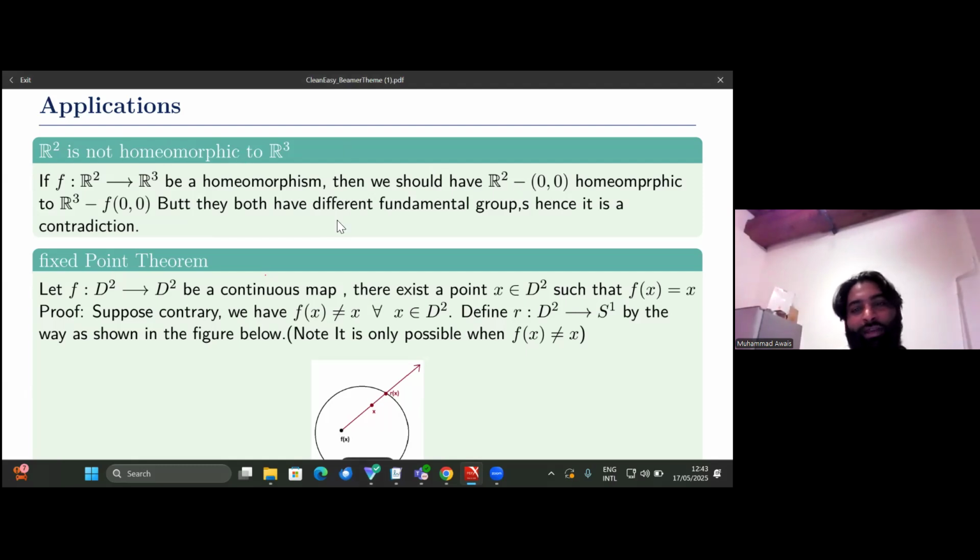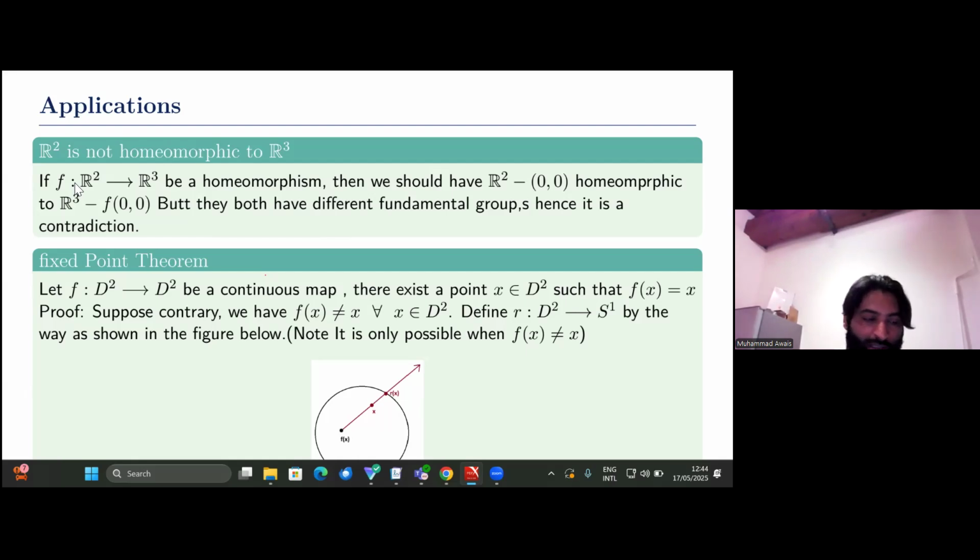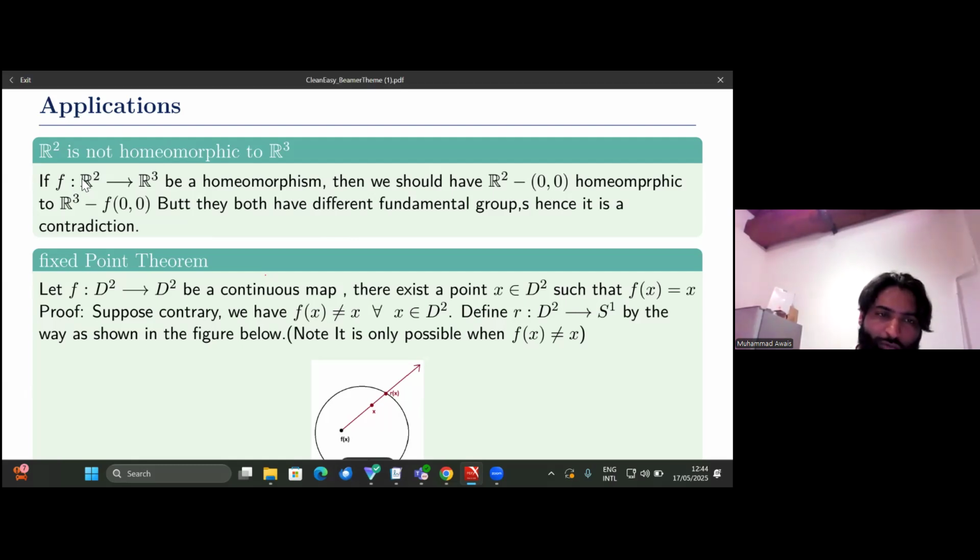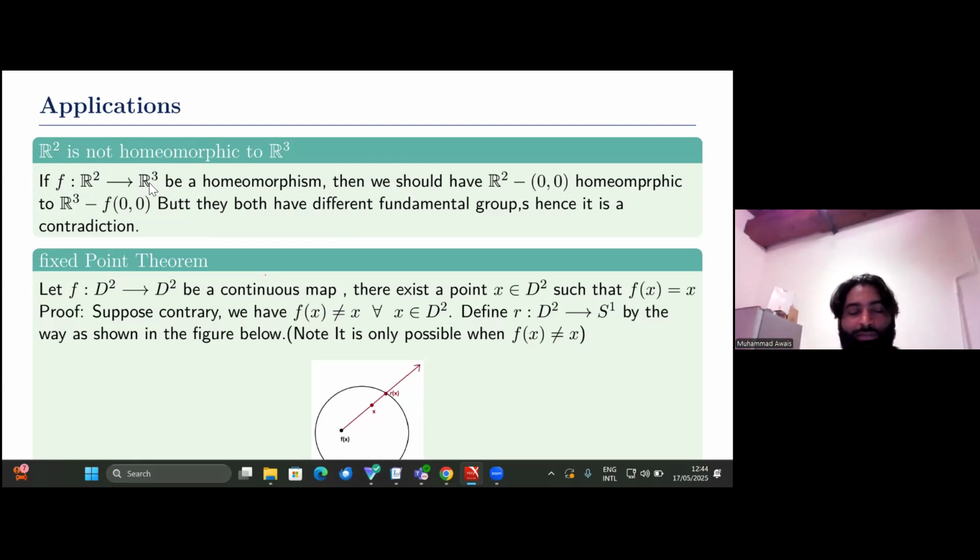One can see they are not 2 lines actually. There are a lot of lines behind. We proved the fundamental group of R2 minus a point and also R3 minus a point, but after proving them it's just 2 lines. Assume R2 and R3 are homeomorphic to each other. So let f be a homeomorphism between R2 and R3. When 2 spaces are homeomorphic, if you remove 1 point here and the image of this point there, they should be homeomorphic, because the restriction of the same map will work.